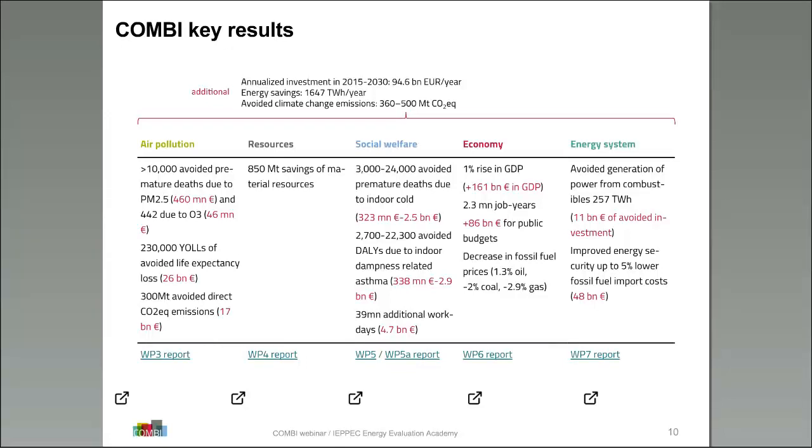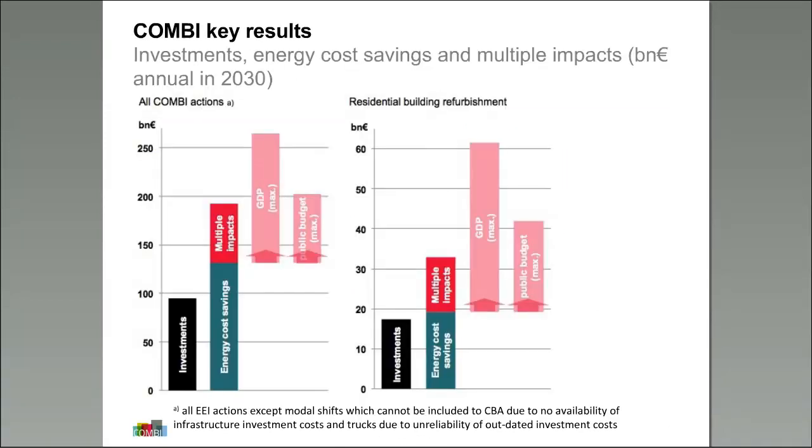And not all of those that have been possible to quantify in physical terms were also possible to monetize. So in the cost-benefit analysis, we actually have a number of impacts that are not represented. But those that are represented, if we sum those up, this gives a picture like this.